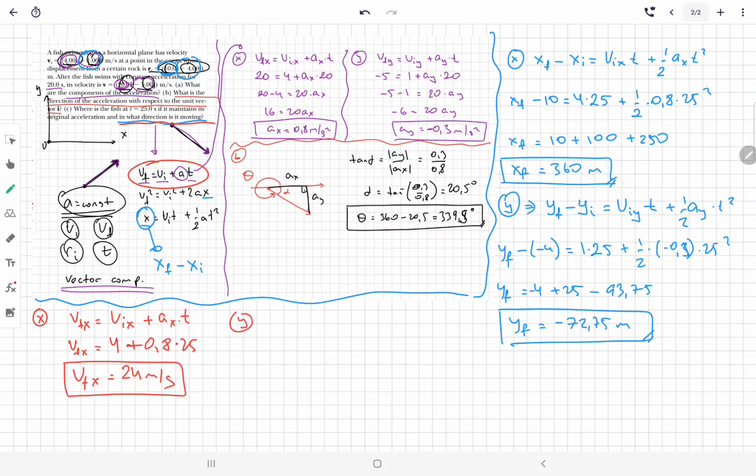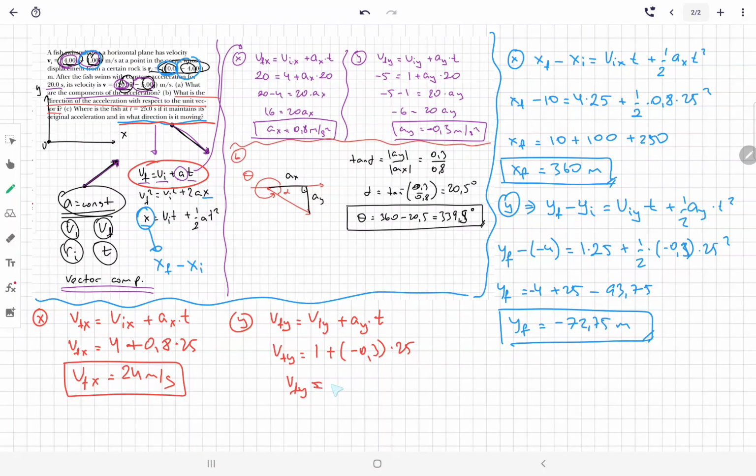So let's apply the same equation in vertical direction. Final velocity in vertical direction equal to initial velocity in vertical direction plus ay times t. Initial velocity in vertical direction equal to 1. Acceleration is -0.3 in vertical direction times 25.